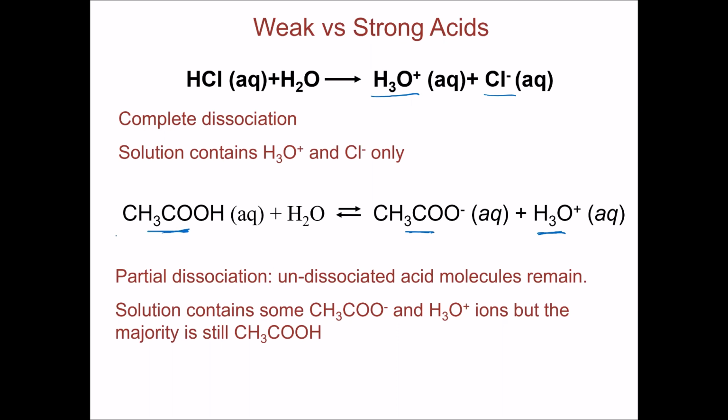It's actually going to be up to 90% undissociated acid and only about 10% dissociated ions in solution. That's why it's a weak acid, because it produces much lower concentrations of hydrogen ions in solution as compared to the strong acids.